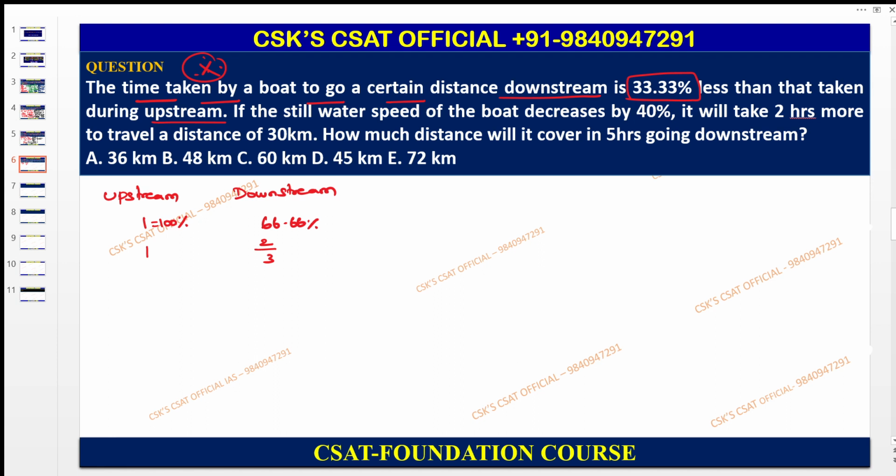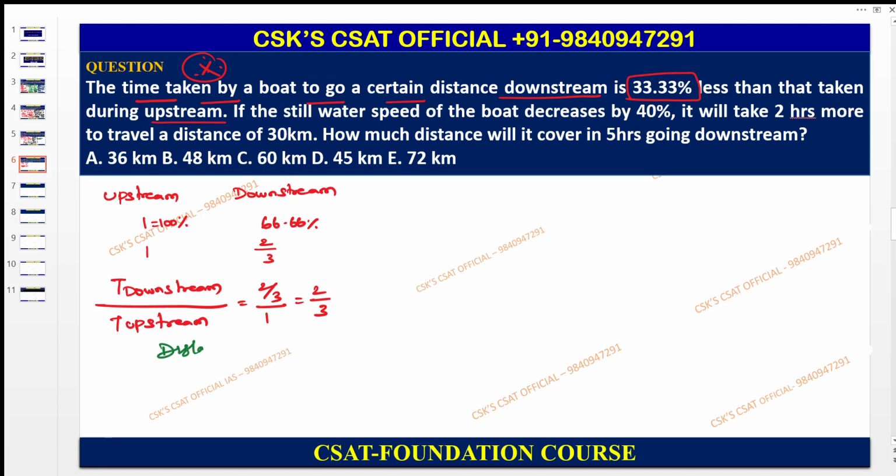Now try to understand: we can find the time for the downstream to the time for the upstream, which is lesser. So 2 by 3 for downstream to 1 for upstream. Also understand that the boat covers a certain distance, which means the same distance, but only the time varies for the upstream and downstream.